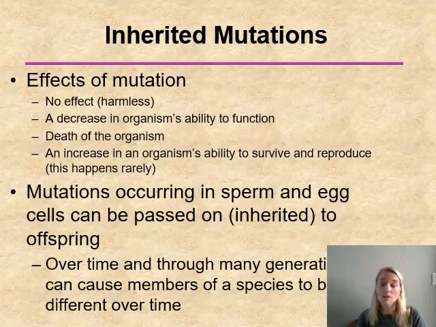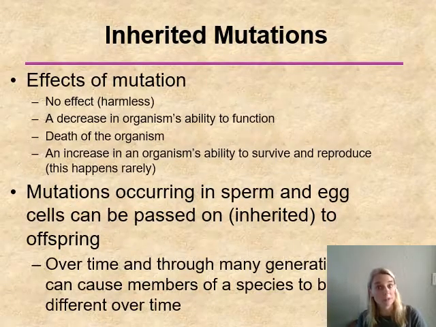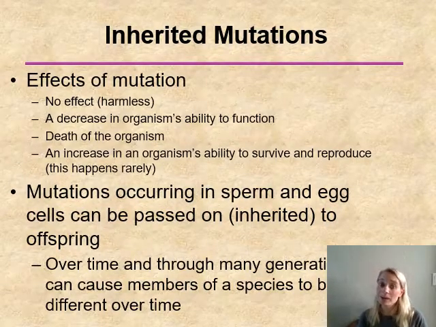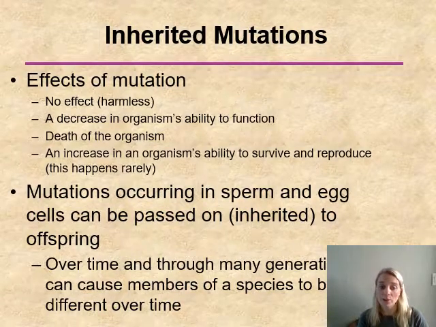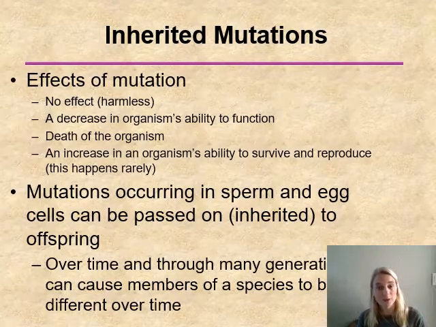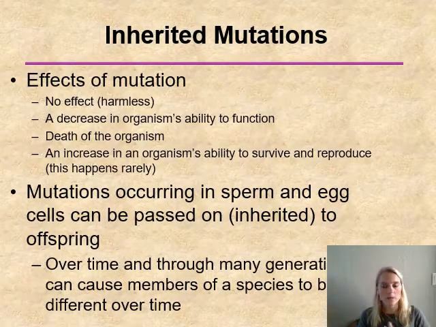Sometimes it can decrease an organism's ability to function, but not completely kill it. Sometimes it can completely kill it, and sometimes it can actually increase that organism's ability to survive in that environment. So these are the beneficial mutations, or the detrimental ones, or the harmless ones.